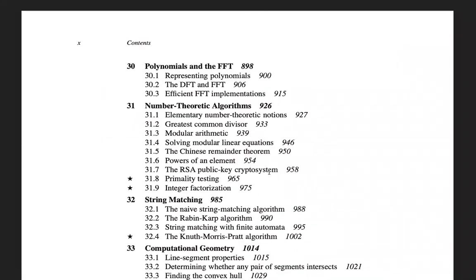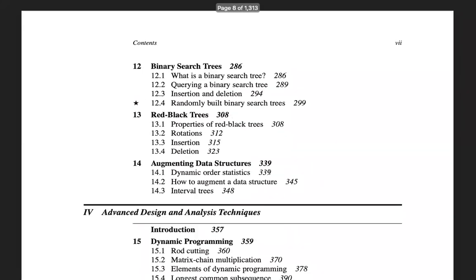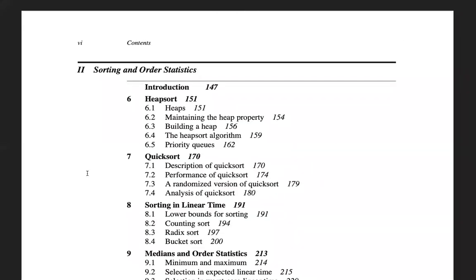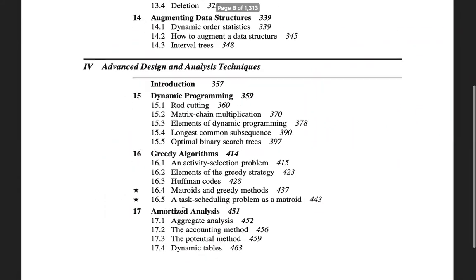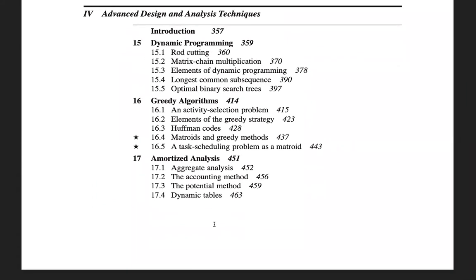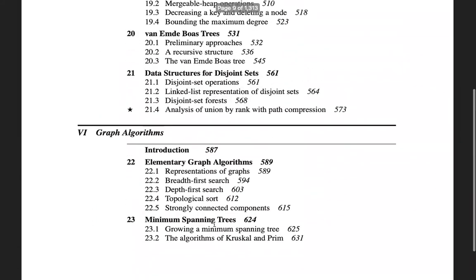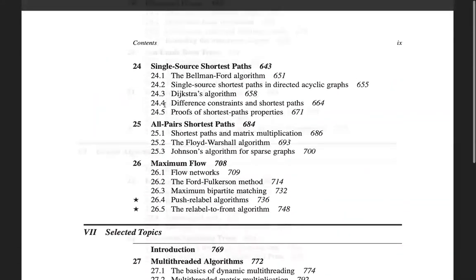So these are the topics, if you want to take note of them. In the CLRS book, we covered sorting and searching, dynamic programming, greedy algorithms, then in graph algorithms the basic graph algorithms, minimum spanning tree, single-source shortest path, all-pairs shortest path, and max flow.